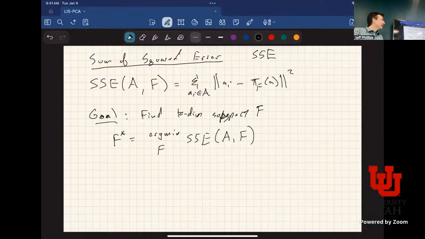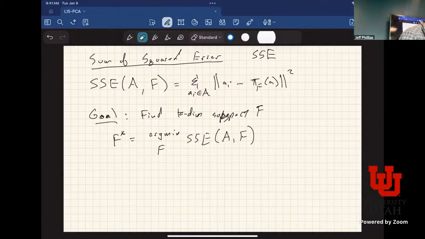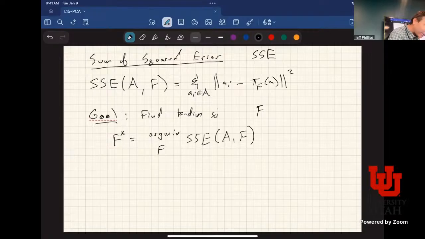The function we're optimizing is convex, but in order to represent F, we defined it as a subspace, and we represented F as U1, U2, up to UK.